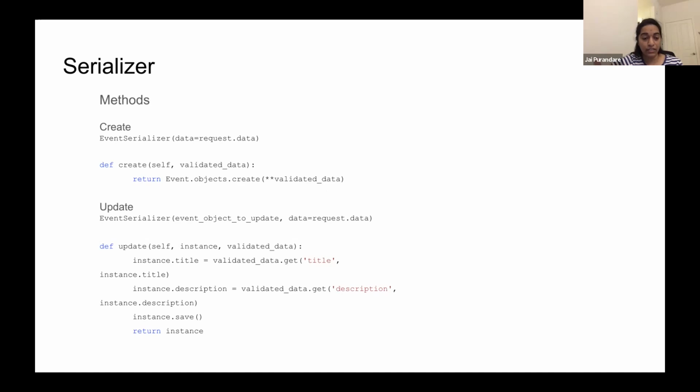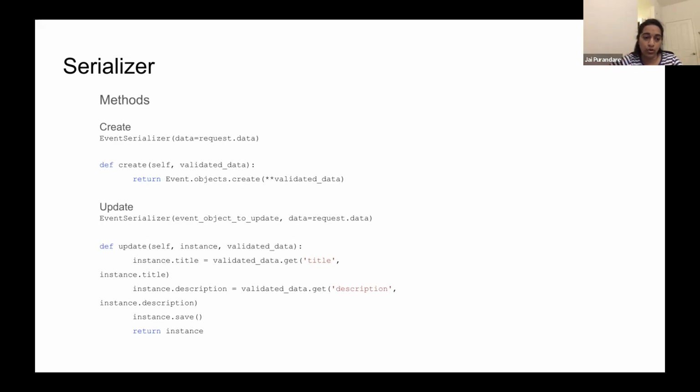Let's say we are creating a new object. In that case, if we declare a create method for the serializer, none of the code has to be written in the view. All you have to do is send the data into the serializer, like it is shown over here under the create method. If you see, event serializer with data equal to request data, whatever JSON is coming to us in the request, we can directly send it and instantiate the serializer with it.